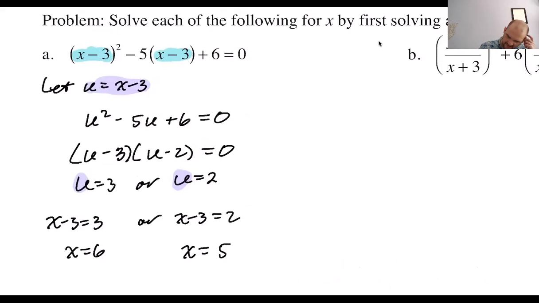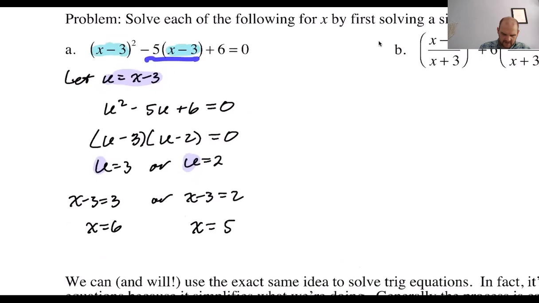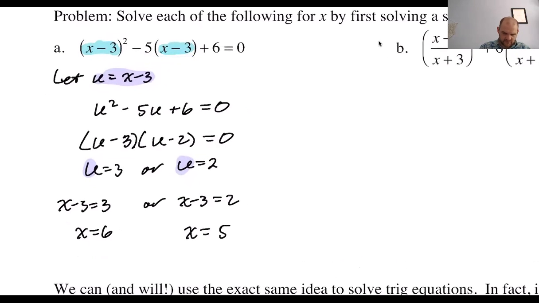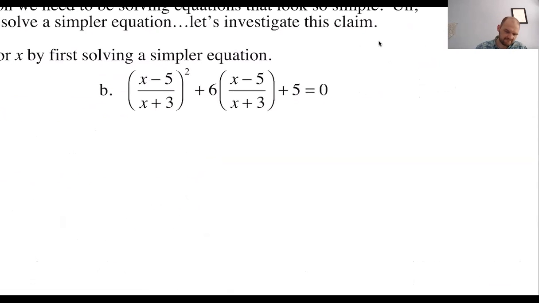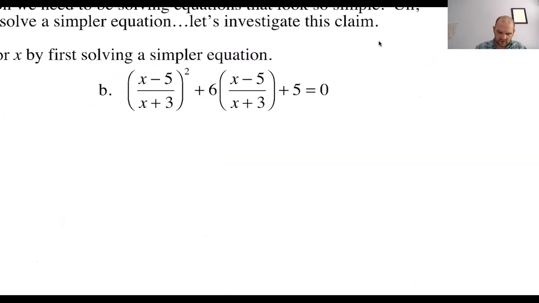If you go back and check, plug in 5: 2 squared is 4, plus 6 is 10, minus 10 is 0. Plug in 6: 3 squared is 9, plus 6 is 15, and then this is 3 times 5, so minus 15. So it worked. This is a technique you will find yourself using more and more often as algebraic things get more complicated.